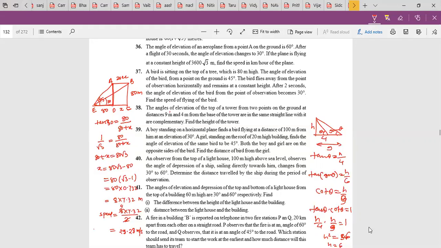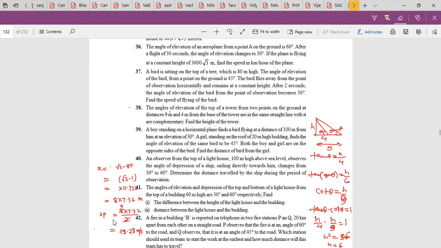Draw the vertical height from A to CD. Without that, how will you find it?